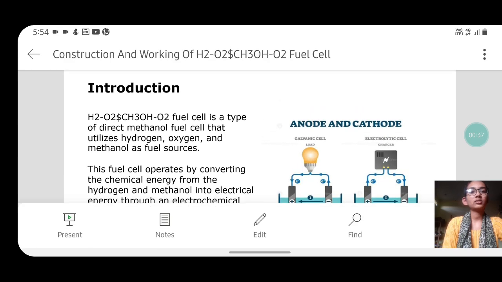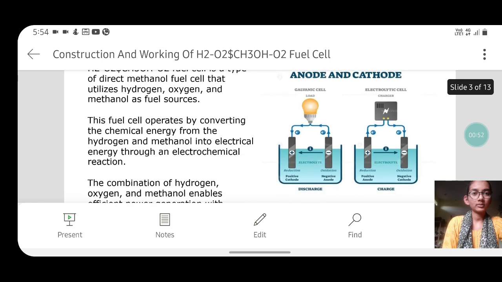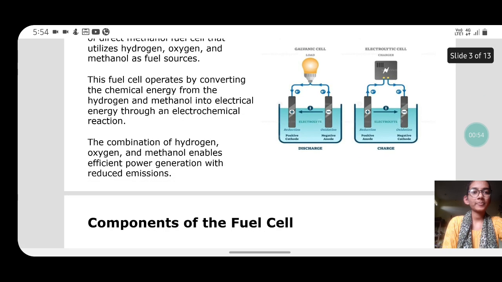A hydrogen-oxygen and methanol-oxygen fuel cell is a type of direct methanol fuel cell that utilizes hydrogen, oxygen and methanol as fuel sources. The fuel cell operates by converting chemical energy from hydrogen and methanol into electrical energy through an electrochemical reaction.